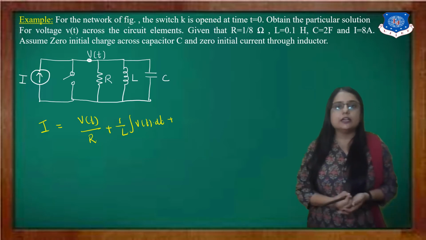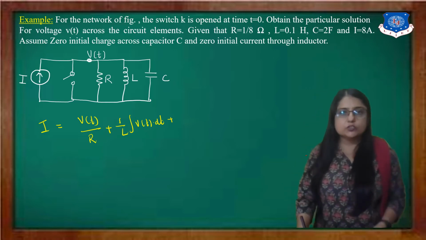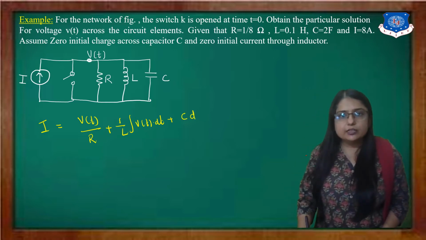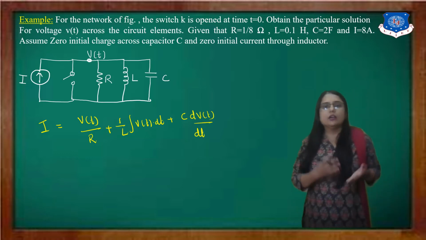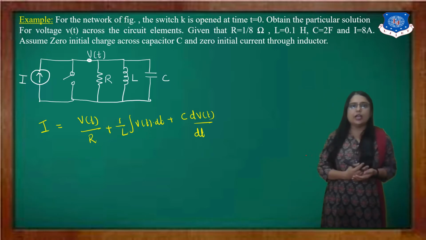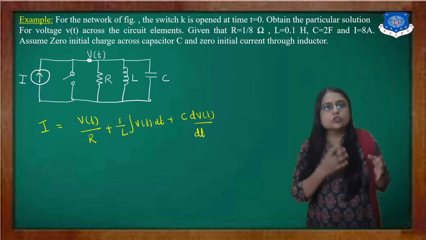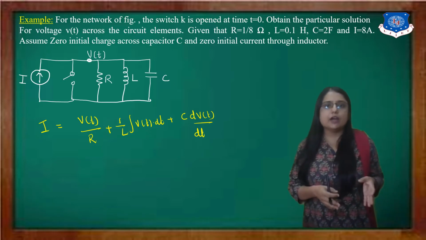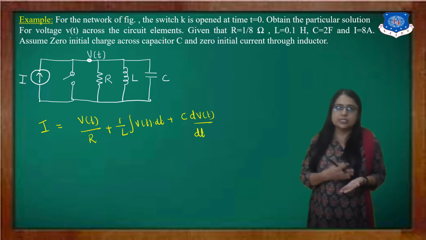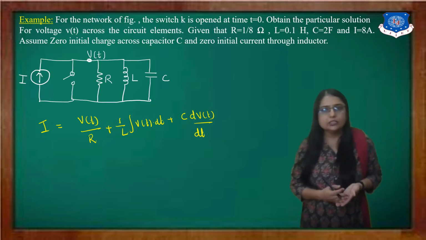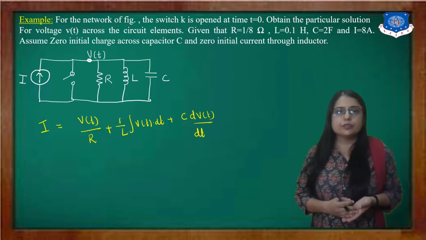Similarly, the current through the capacitor is C dv by dt. So we have written the equation for the voltage v of t. The total current i is divided among the three elements: R, L, and C.